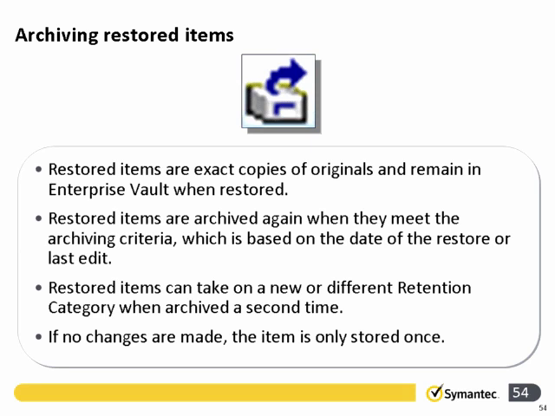Now that restored item, when it is re-archived, could actually be archived with a different retention category than the original item. However, because it is identical to the original item, if you have sharing turned on, that item should be stored using the single instance storage or the deduplication process, which we had discussed in an earlier lesson.